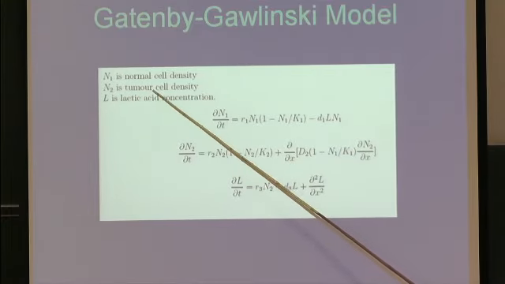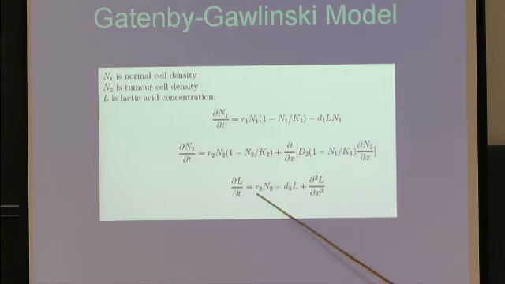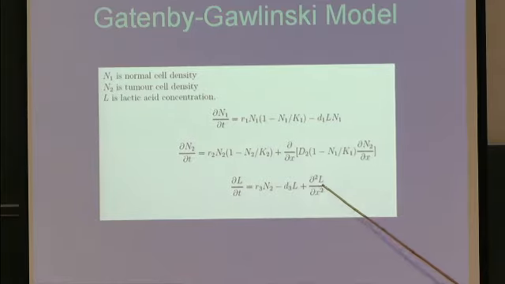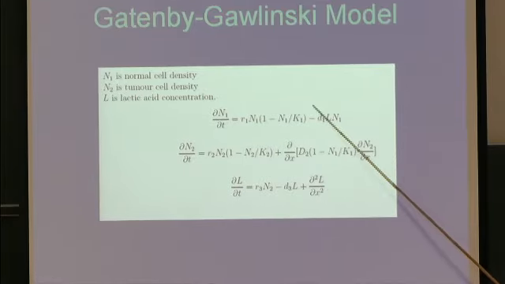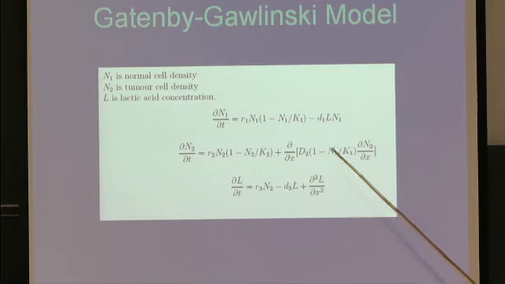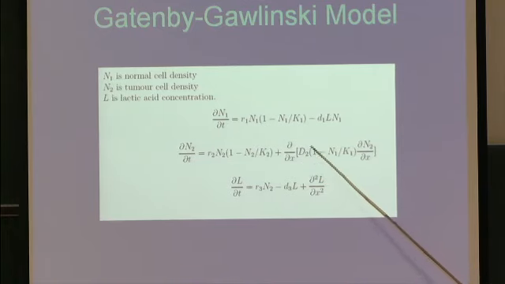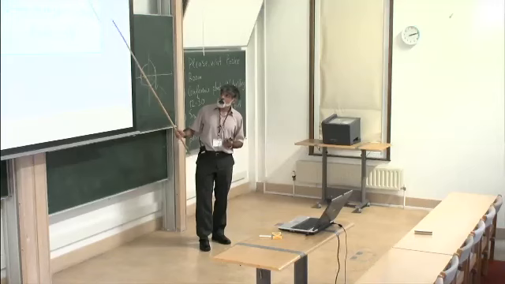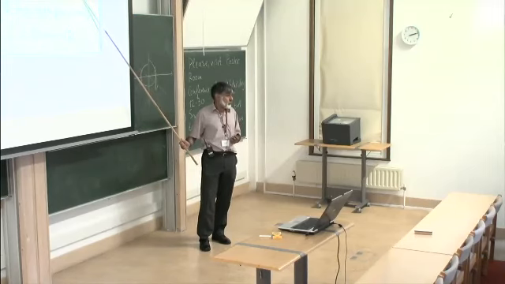N2, the tumor cell type, produces the acid. The acid is degraded and it diffuses. In this version of the model, the acid kills only the normal cells. And that lowers the normal cells from their carrying capacity and creates a space for the tumor cells to move. Normal cells don't move.